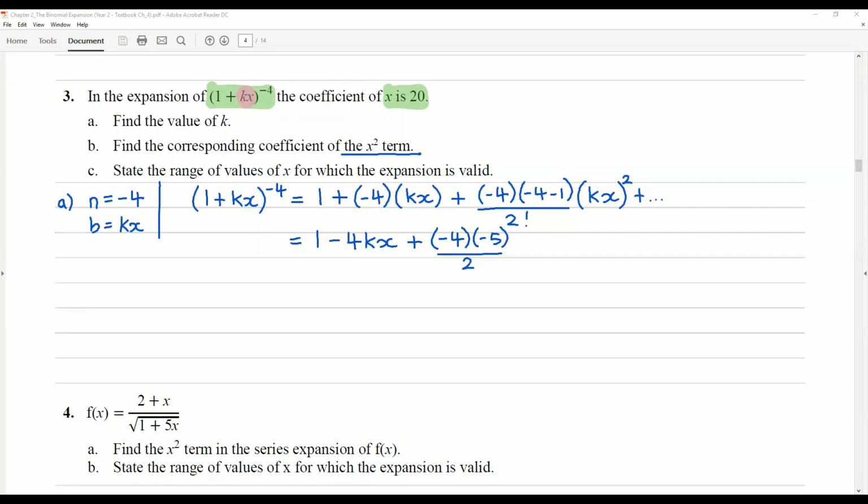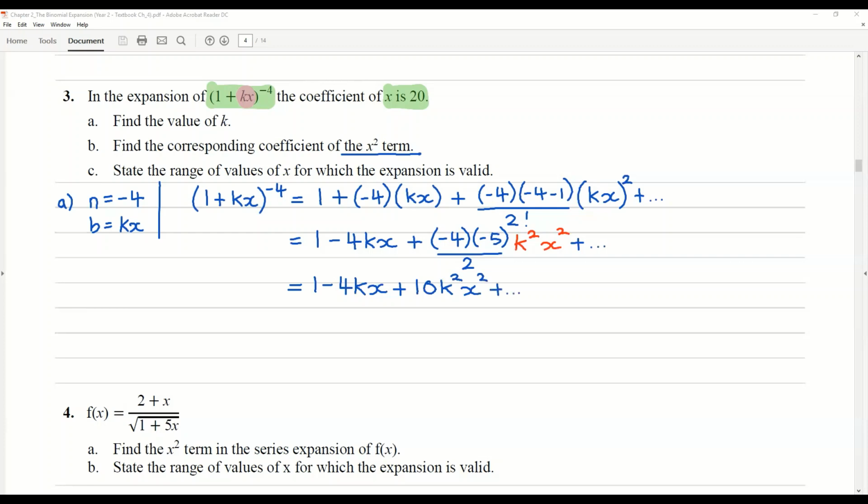All right, so that's going to be k squared x squared, plus loads of other terms as well. Okay, and then one last step just to tidy this up. So this is going to equal 1 subtract 4kx. And then we have 4 times 5 is 20. The two negatives become positive over 2. So that's going to be plus 10 k squared x squared.